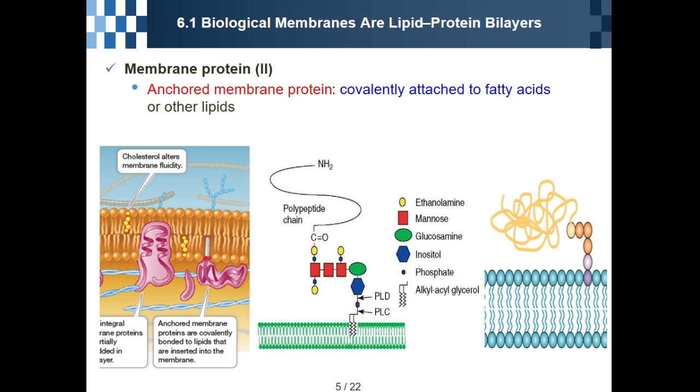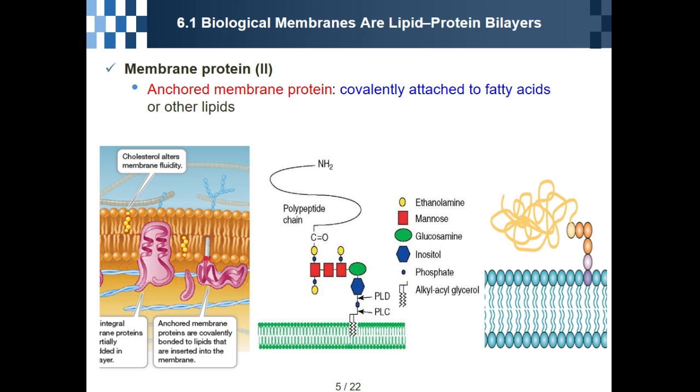So an anchored membrane protein is covalently attached to a fatty acid. For example, they are covalently attached to this fatty acid. This is what we call an anchored membrane protein.